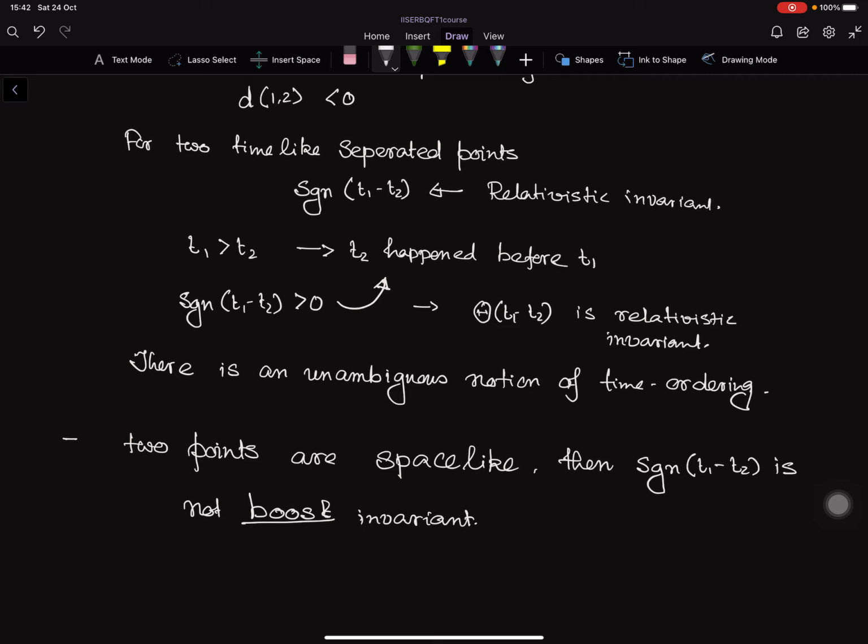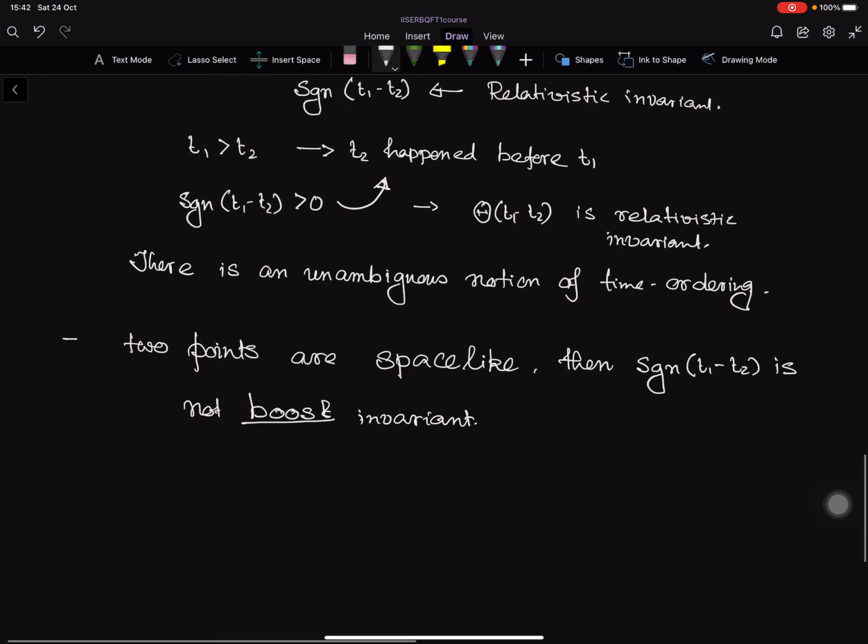If you go from one frame to another relativistic frame, you will find that the ordering of the events has changed. Okay, so that means that for space-like separated points, theta of t1 minus t2 is not relativistic invariant.